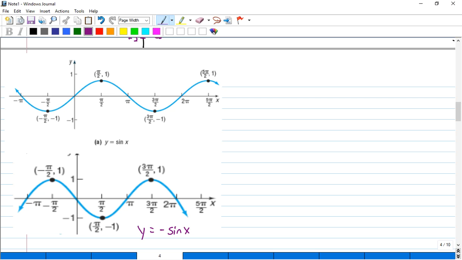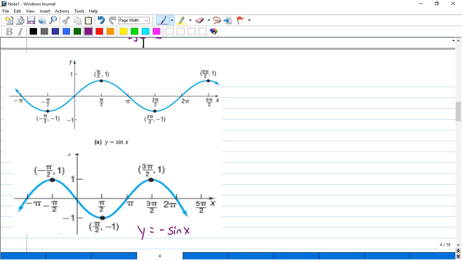So they're the same graph. One's, of course, a little thicker than the other, so it does make it look a little different. But if we were to flip this part of the graph down and flip this part of the graph up, then that would be the same graph.